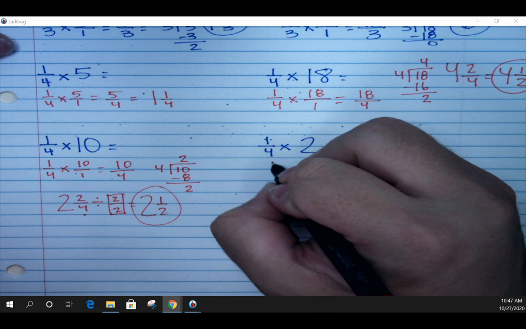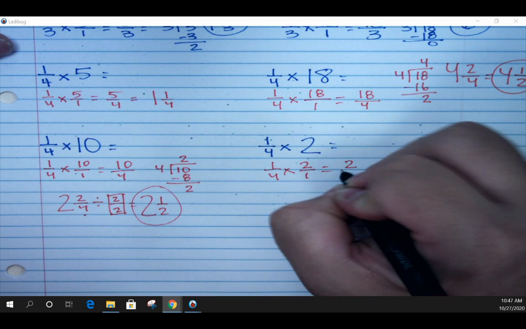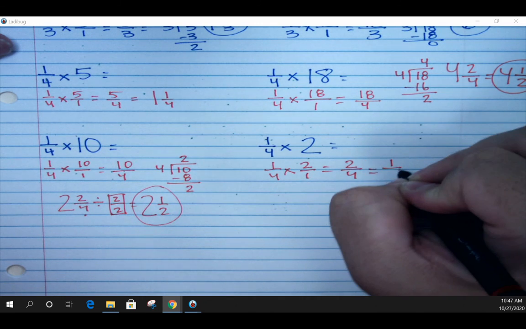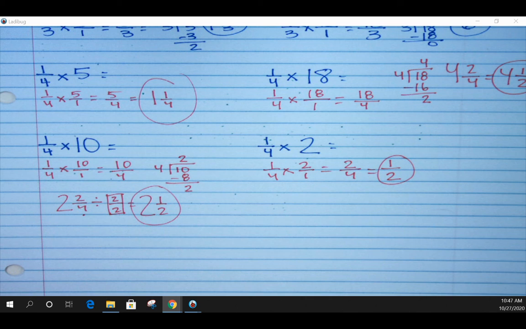This would be 1/4 times 2 over 1, which would be 2/4, and we already know it's a half. Any questions on multiplying a whole number and a fraction? Any questions? Very good. I need everybody to do me something.